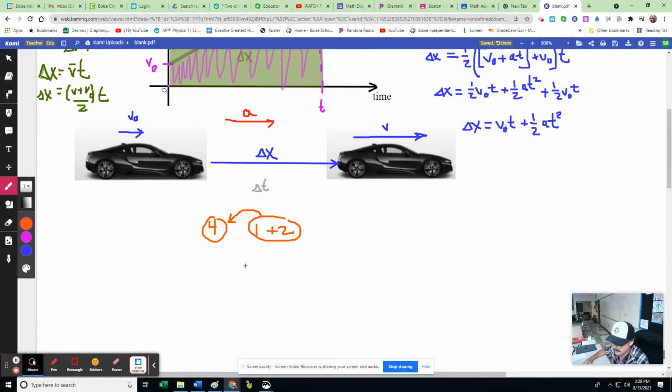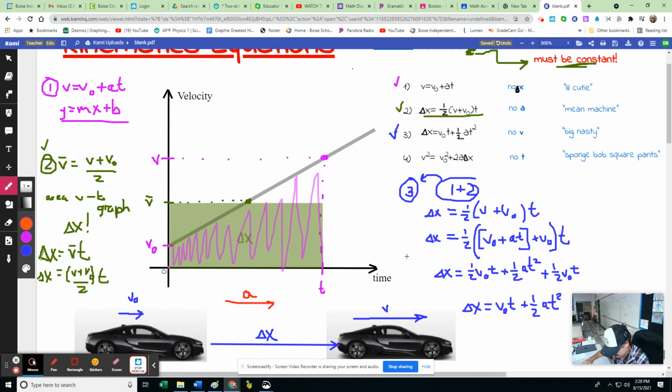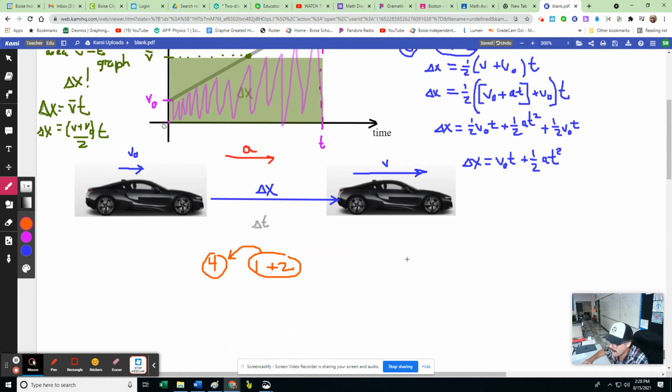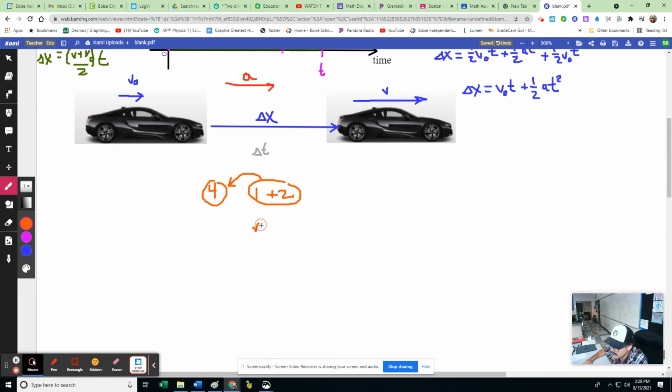Okay, so equation 1 looks like this. V equals VO plus AT. Okay, but we can rewrite this and we can solve for T, so it's going to be V minus VO divided by A equals T. And in equation number 2, the mean machine, we can substitute this in.